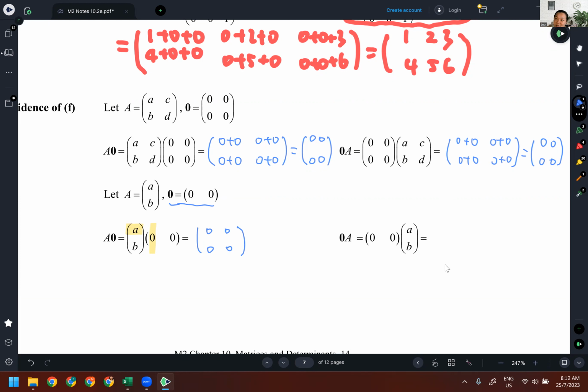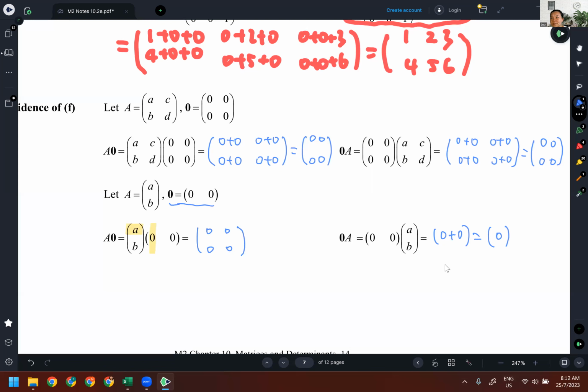The outcome is a 2 by 2 0. It's a different 0, but still 0. Okay. This one, it's 1 by 2, 2 by 1. So the answer is 1, 0 plus 0. That's a 1 by 1 matrix 0. Still 0. Is that okay?